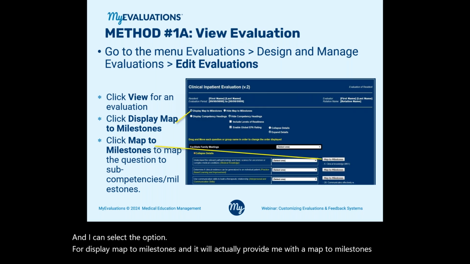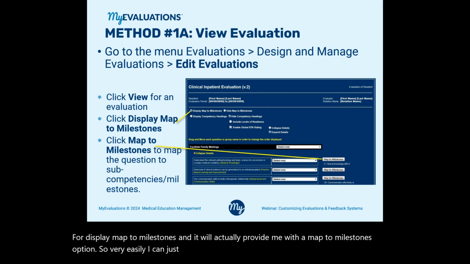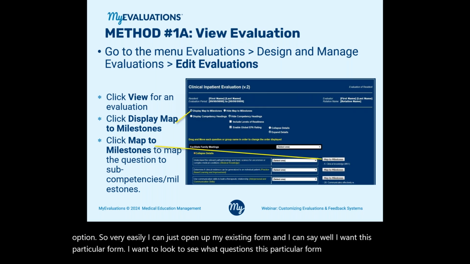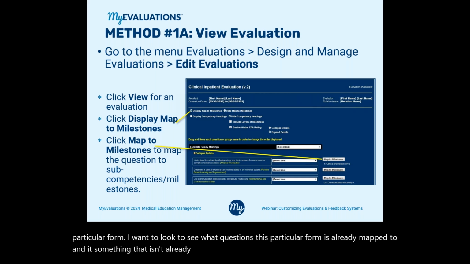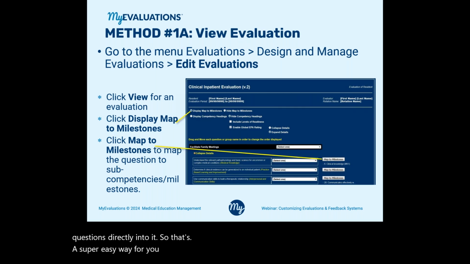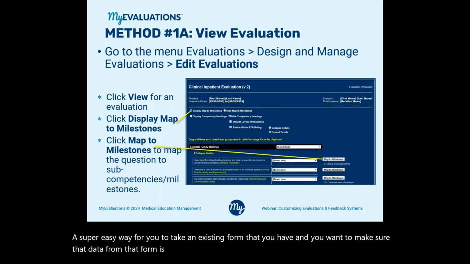So very easily, I can open up my existing form and look to see what questions this particular form is already mapped to, and for something that isn't already mapped, I can map questions directly into it. That's a super easy way for you to take an existing form that you have and make sure that data from that form is mapped.